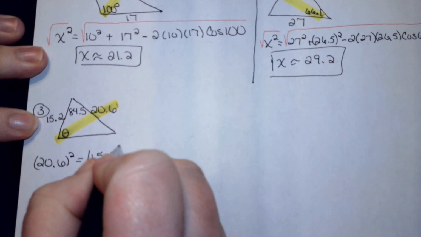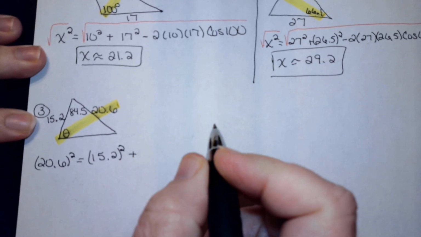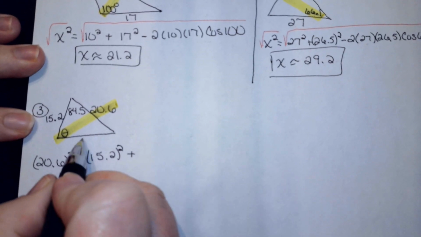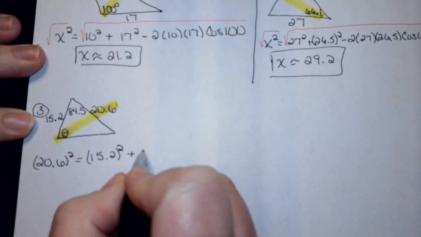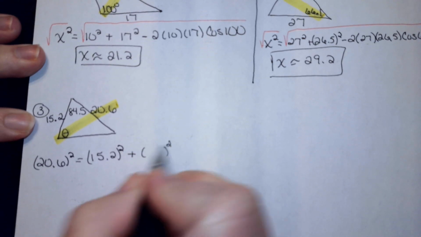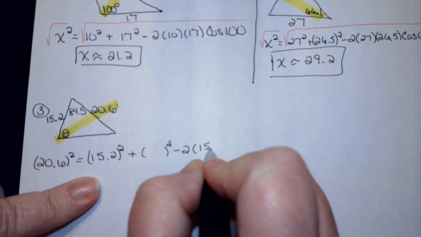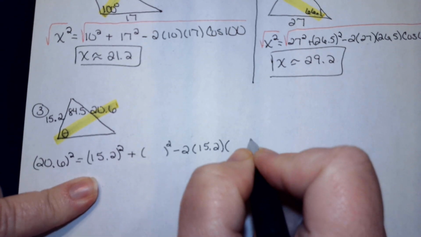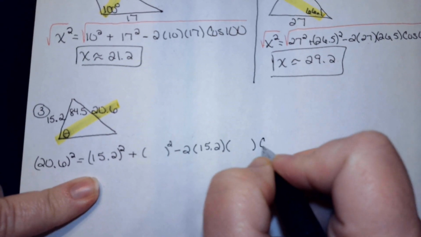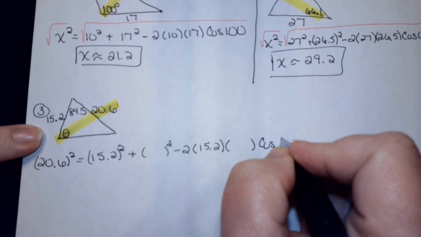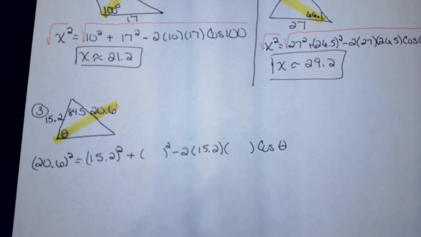15.2 squared plus, well, we don't know what that is, do we? So that's an unknown. Minus 2 times 15.2 times our unknown times the cosine of theta, which is also an unknown.